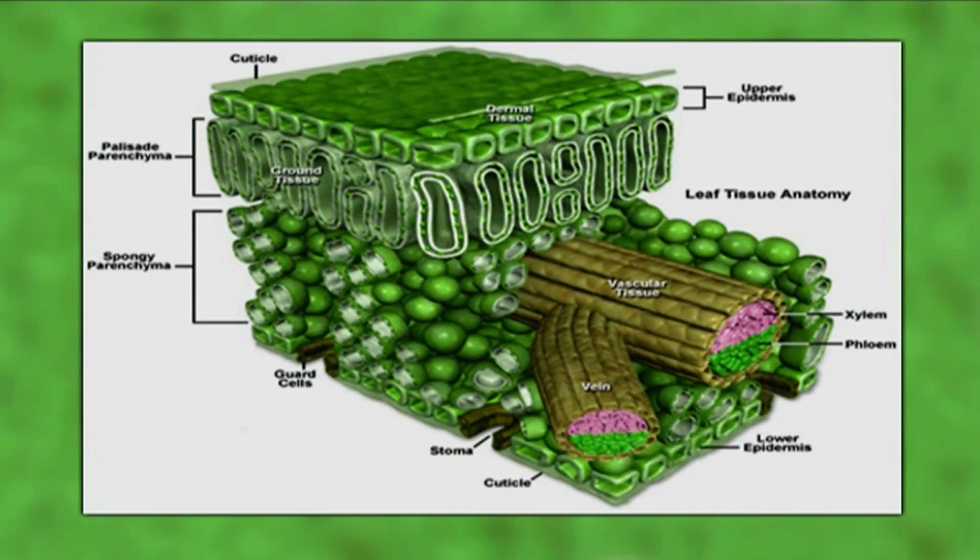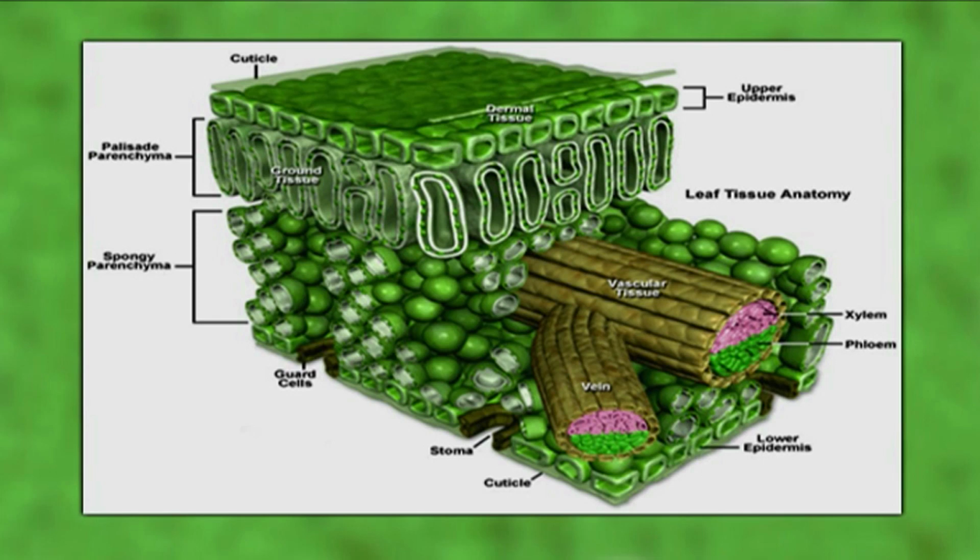In ferns and most flowering plants, the mesophyll is divided into two layers: an upper palisade layer of tightly packed, vertically elongated cells, 1 to 2 cells thick, directly beneath the adaxial epidermis. Its cells contain many more chloroplasts than the spongy layer.